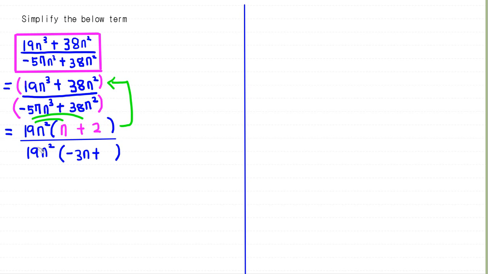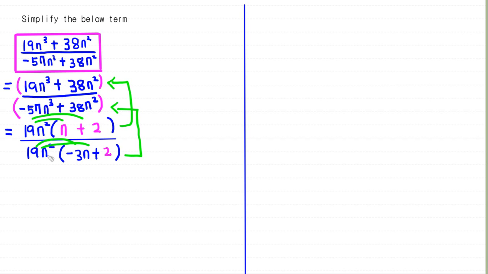And in the denominator, minus 3n plus 2, if you also use the distributive property, you're also going to get the exact term right over here.